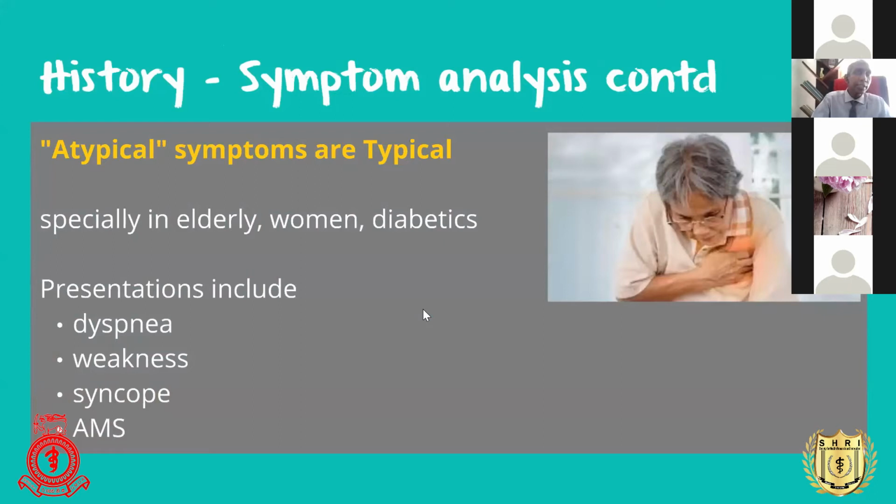There is some literature saying that about one third of these patients may present without chest pain. They can come with dyspnea, weakness, extreme fatigue or lethargy, syncope, or altered mental status, and sometimes maybe just with sweating.